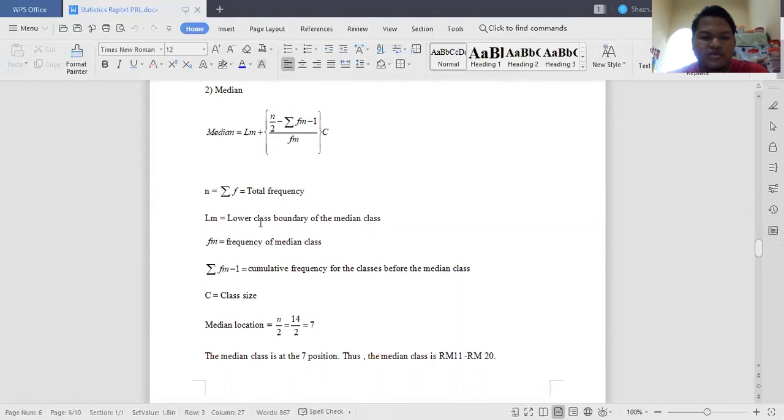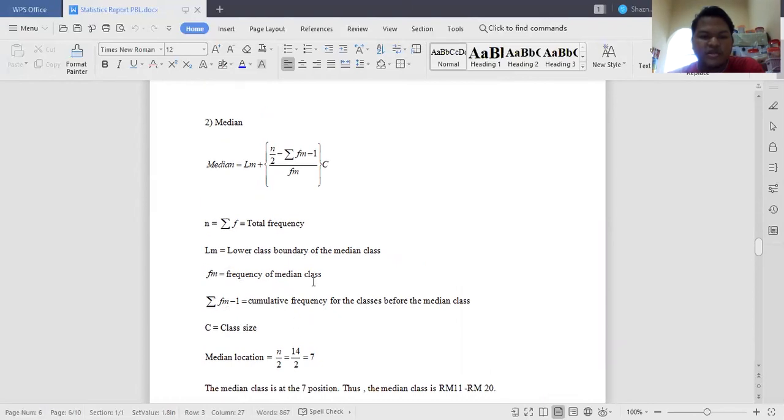Lm is the lower boundary of the median class. Fm is the frequency of the median class. Fm minus 1 is the cumulative frequency for the class before the median class. And C is the class size.